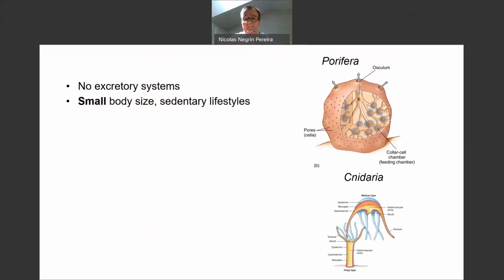But in reality, these organisms have a really low metabolic rate, with a sedentary life, so they are not very active at all. They also have a small body size, meaning that they do not require a centralized excretory system to eliminate their excreta.